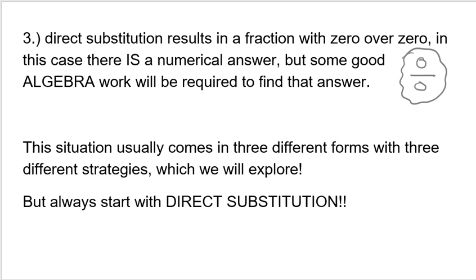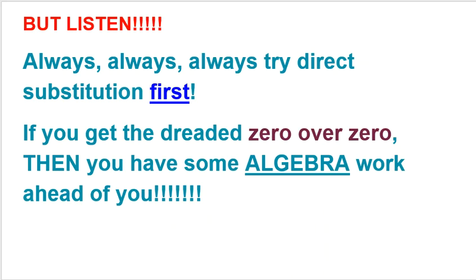But listen, I can't say enough. You should always start with direct substitution. That should be the first strategy used if you're trying to evaluate a limit without a graph or calculator. I've already said it, and I'm going to say it again: always, always, always try direct substitution first.